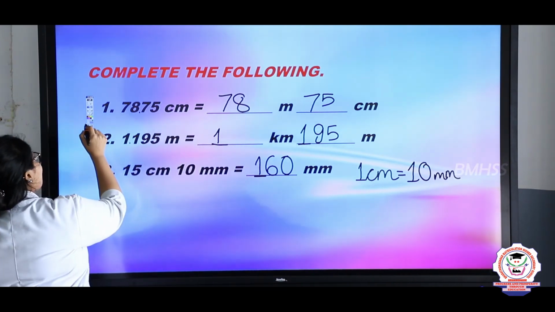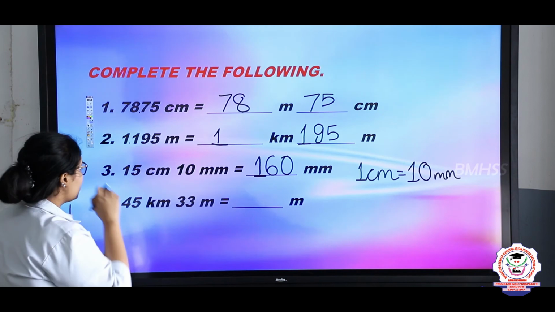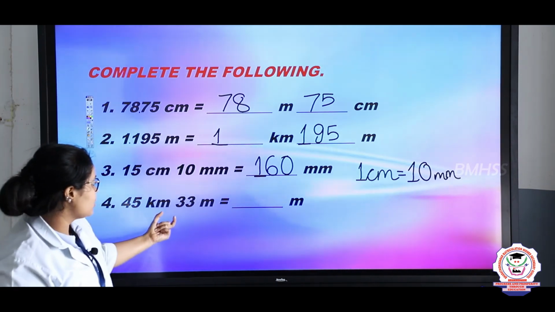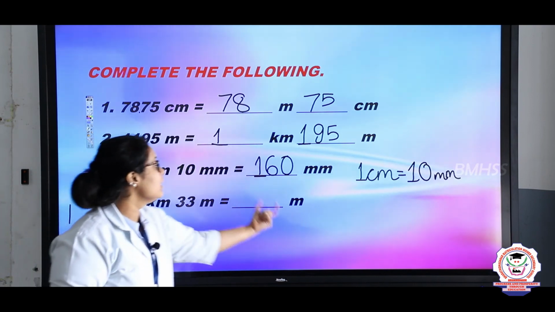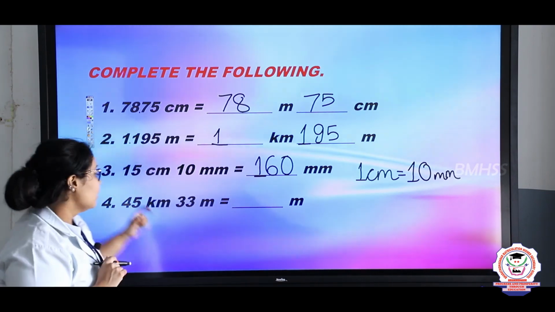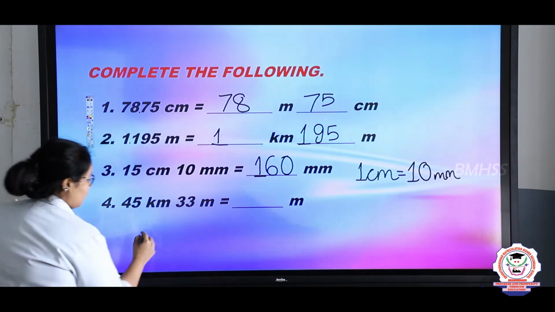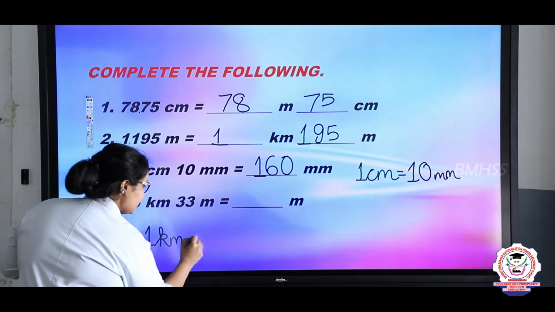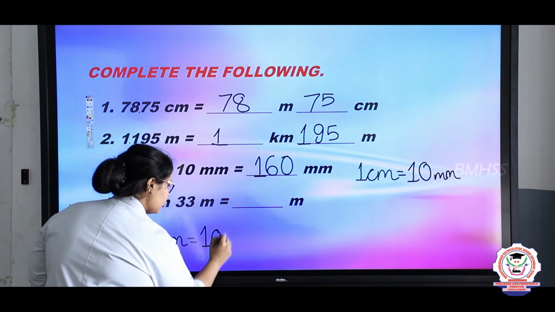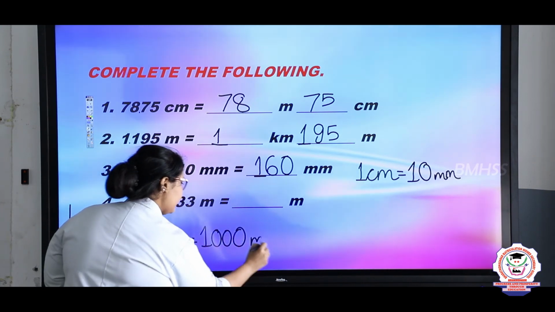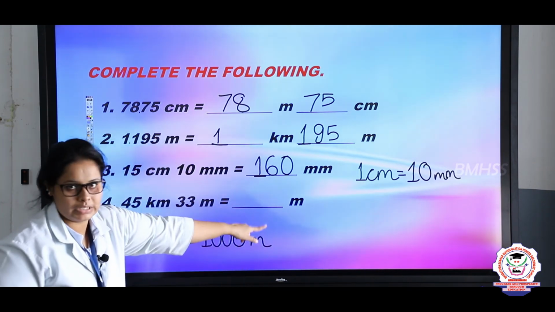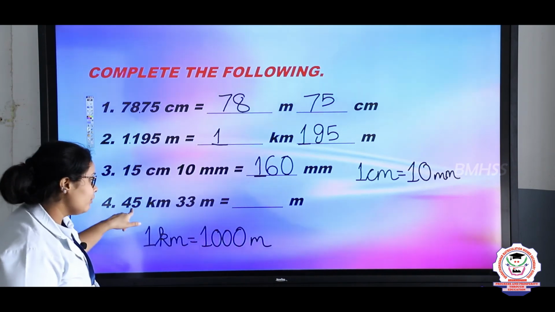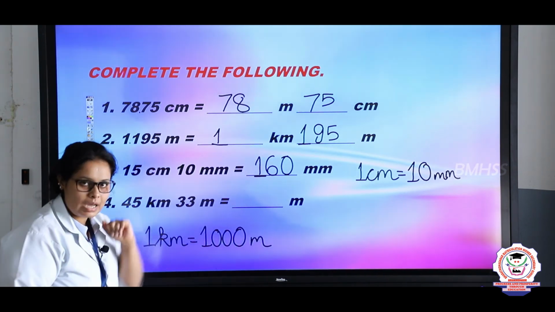Now let's come to the final question. In the final question, they are asking 45 kilometers and 33 meters is equal to how many meters? So we know that 1 kilometer is equal to 1000 meters, right? Here we have to convert it into meters. So 45 kilometers you have to multiply by 1000.